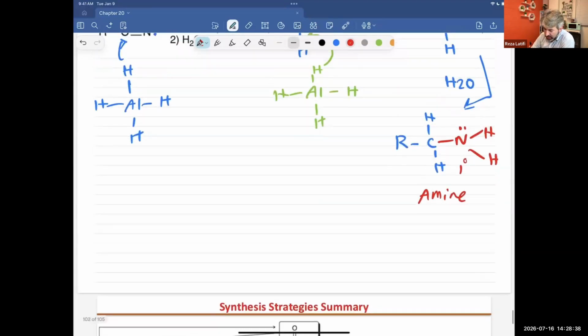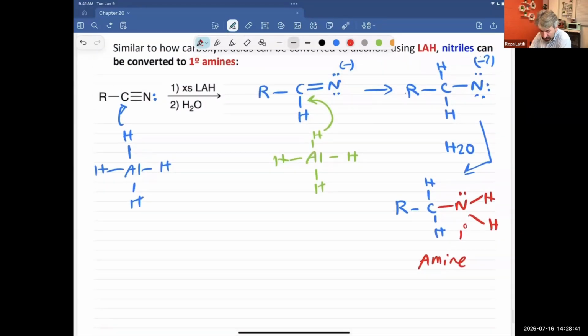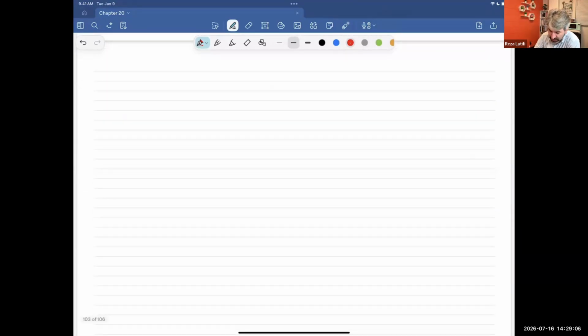Now you might say, is there any way to take the cyanide and turn it to something other than a primary amine? What will happen if we add only 1 mole from a reducing agent, and then treat it, for example, with acidic solution? Say you have R, C, N, but then let's treat it with this reducing agent.